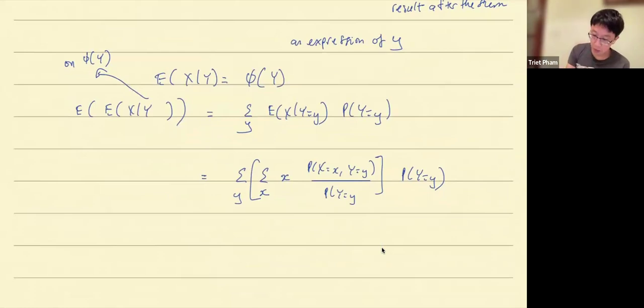Well, what do we observe? This guy can go inside because this is sum over x.